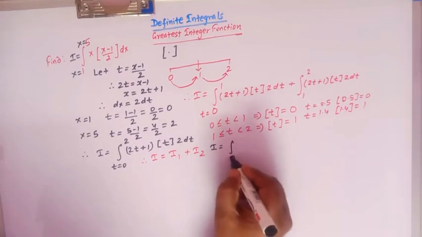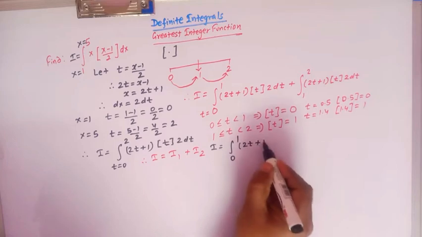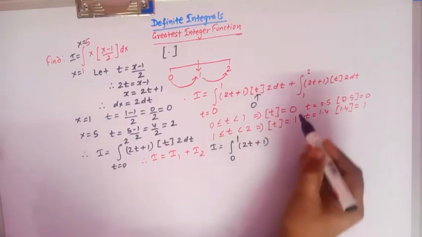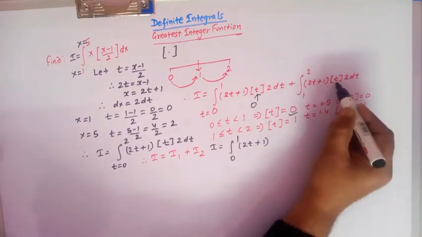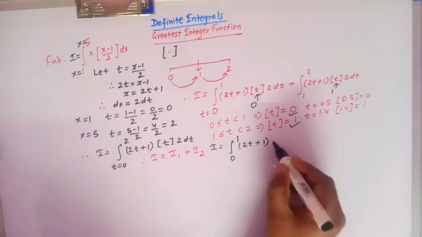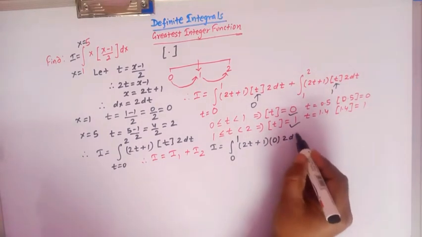The first is from 0 to 1 of (2t plus 1), and for the greatest integer of t we have 0, times 2 dt.